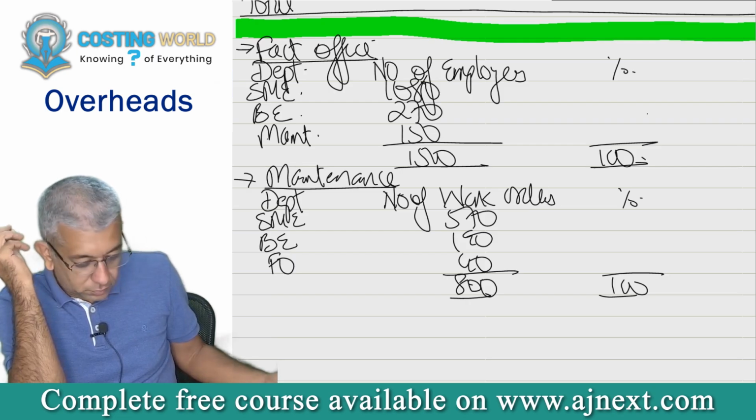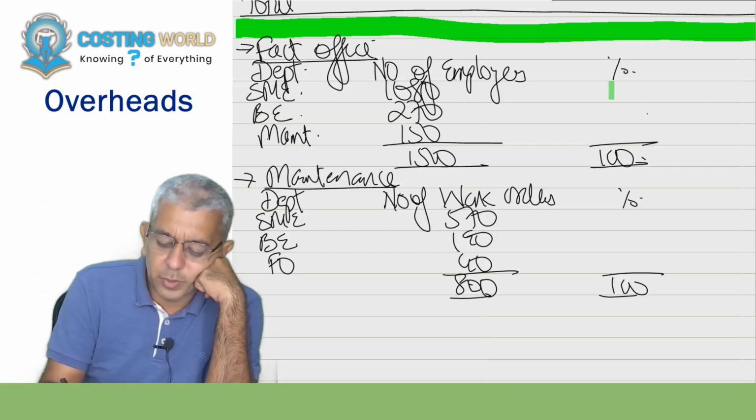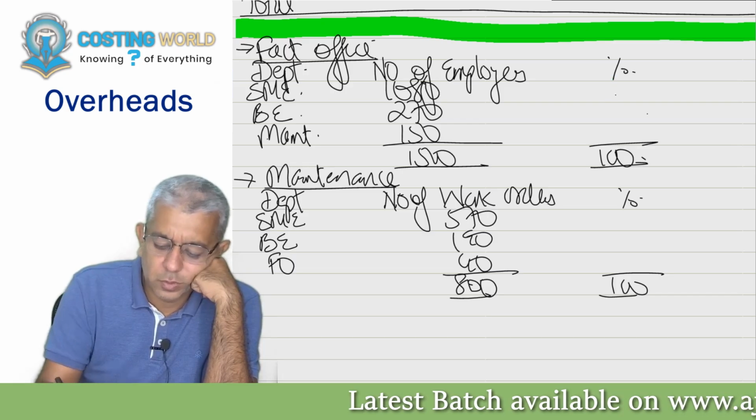The first one is 72. 72, 18, 10, no? Yes.